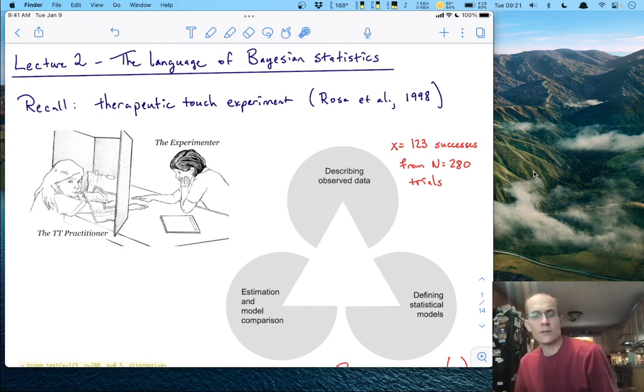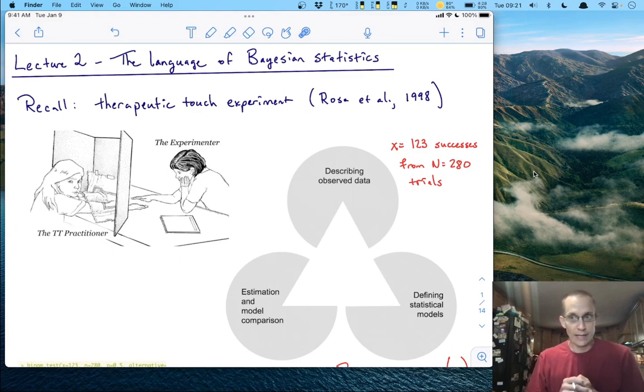The practitioner was supposed to select which of their two hands, left or right, was being indicated by the experimenter. This was a simple experiment to do. In all, Rosa did 280 trials, and overall, the therapeutic touch practitioners exhibited 123 successes. So that was around 44% or so.